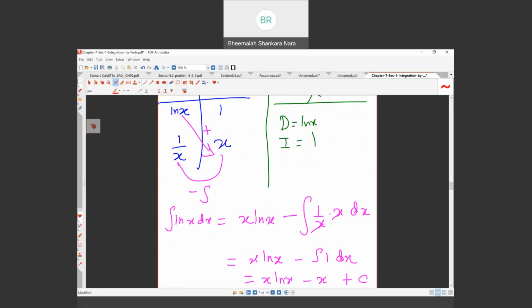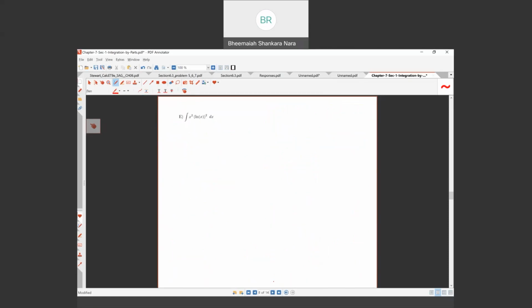The next one is integration x square ln x square. So let's make a table d and I. The first term is ln x the square. The second term integral is x square. So let's do a chain rule for this differentiation of ln x square. Use the power rule in the chain rule.